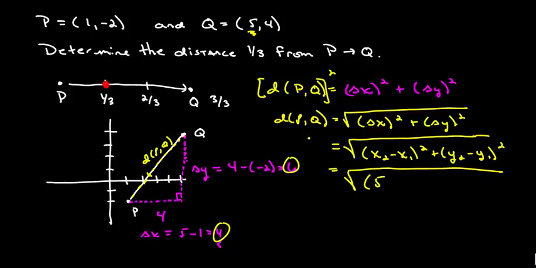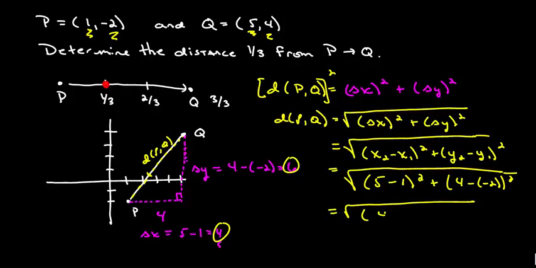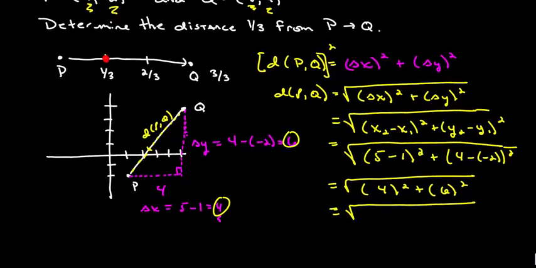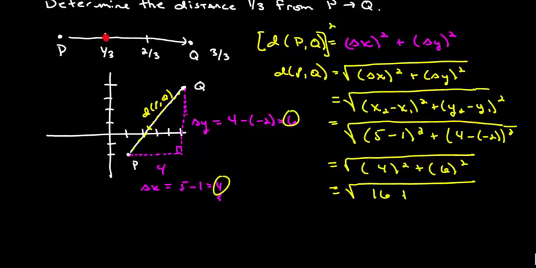So x2 is 5, x1 is 1, y2 is 4, y1 is negative 2, and there's the 4 and 6. So that's going to give me 16 plus 36, which is the square root of 52, it looks like.